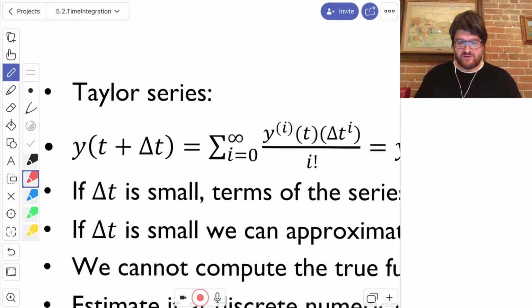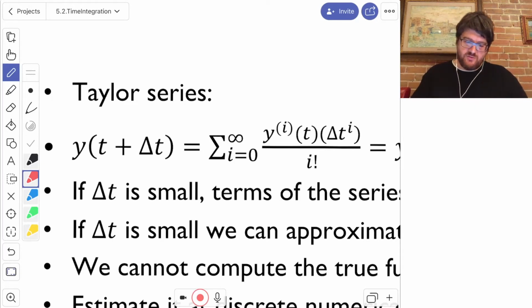So if I have a function y, I want to calculate the value of y at some t plus delta t. Remember that time integration is about moving forward in time. So we assume we know y at t, and we want to compute y at t plus delta t.